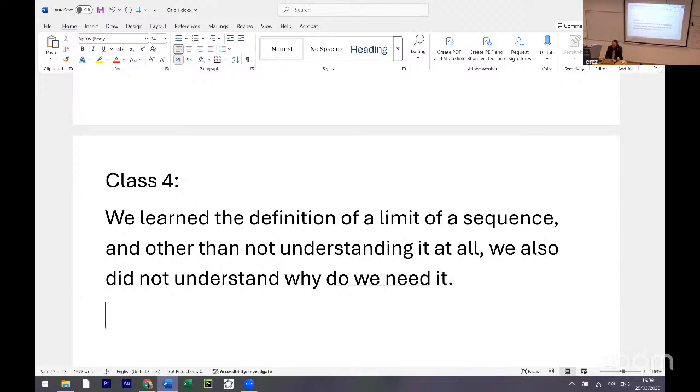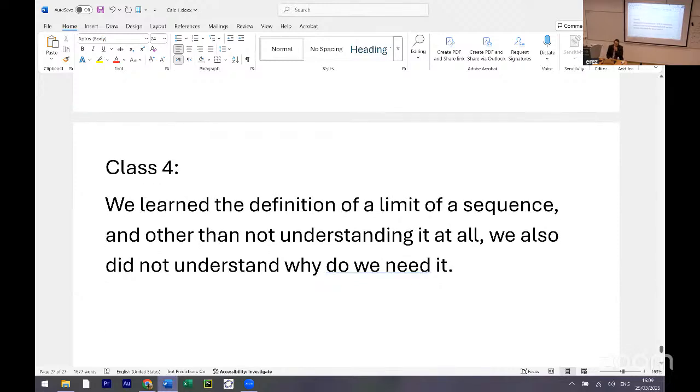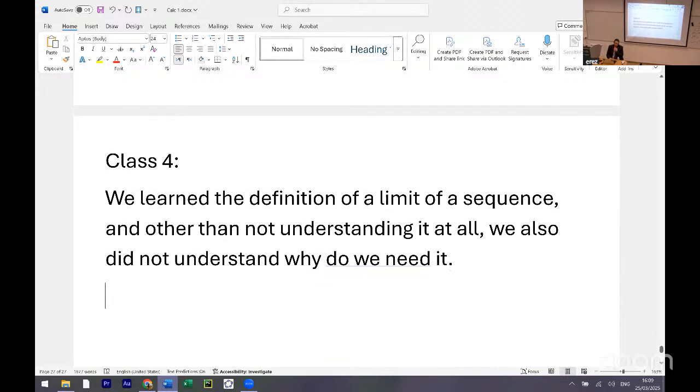And one of the problems is that the first few examples that are designed to help you understand the definition throw you off from what you need it for.